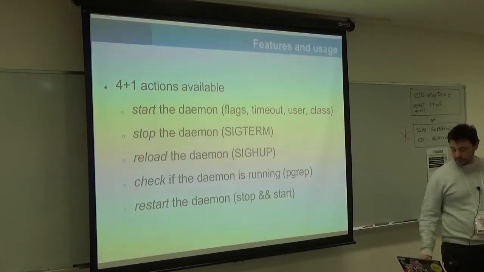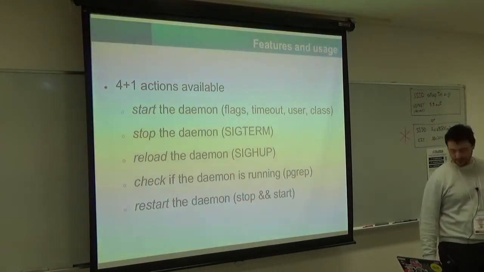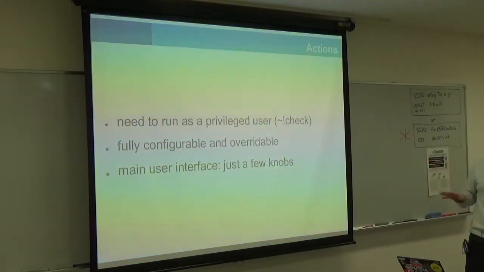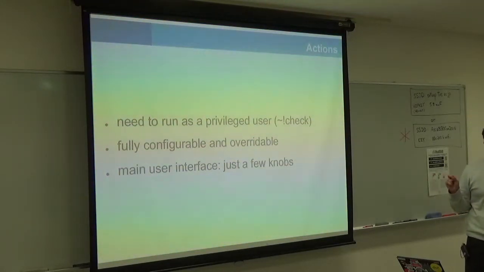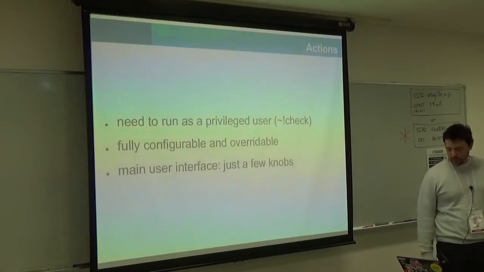We'll see that all these actions are actually overridable. So if SIGHUP is something stupid for your daemon, you can override that. All of these actions need to be run as a privileged user, except for the check one, although there are some circumstances where check may need to be run as a privileged user. I will show an example a bit later.